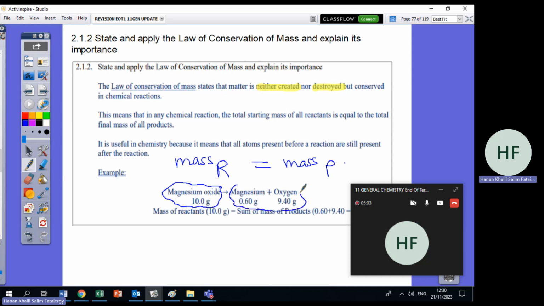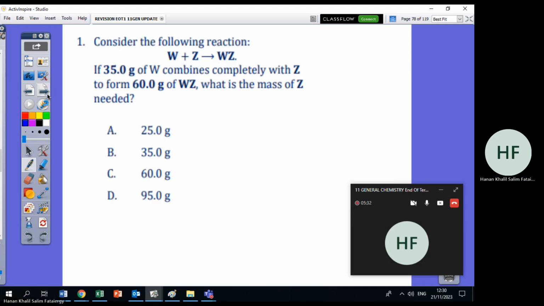Now these two are the products: 0.6 and 9.4. Add 0.6 plus 9.4, you should get 10. So the arrow represents equal. Anything on the right and the left should be equal. So the mass of reactants should be equal to the mass of products. This is the law of conservation of mass.